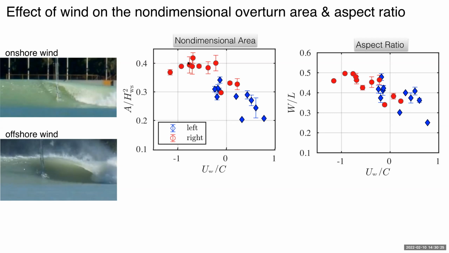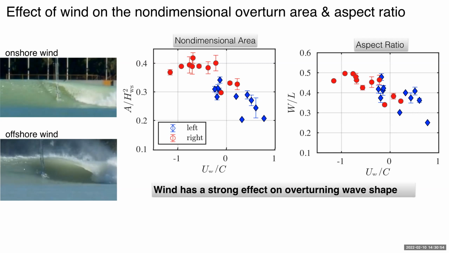And this is likely because the area can't just continue increasing because it literally is not a square, right? The breaking wave overturn. And similarly, the aspect ratio also has a nice clear relationship amongst the lefts and the rights. The aspect ratio is smaller, so narrower barrels for narrower overturns for onshore wind, and larger aspect ratios for offshore wind. So consistent with our hypothesis.